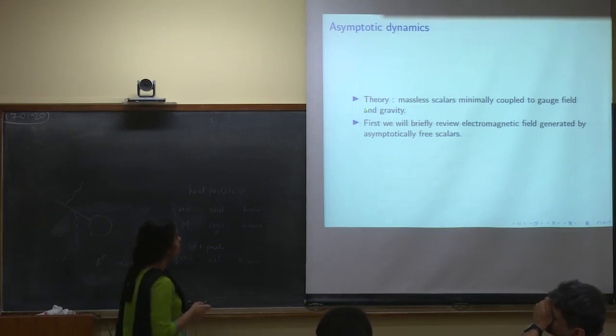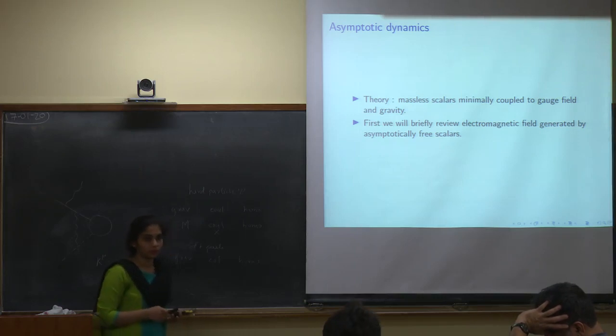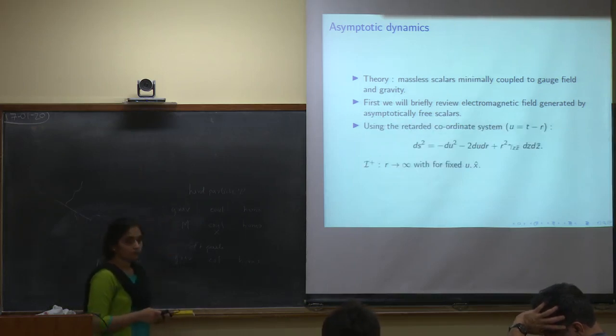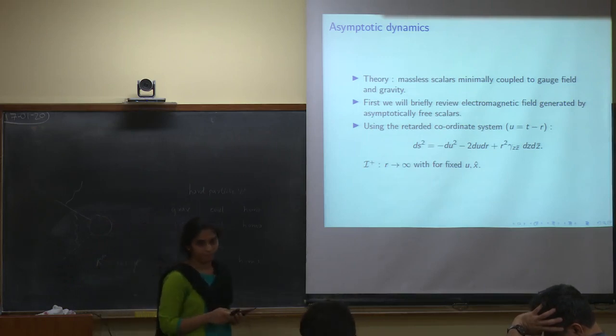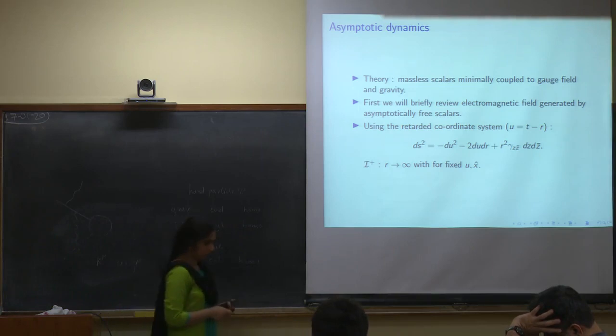So we will be working with massless scalars minimally coupled to gauge field and gravity. And first let's consider asymptotically free scalars. The only important statement is that if you have Coulombic force for electromagnetic radiation, then that does not give you soft photons. Yes, this is correct.